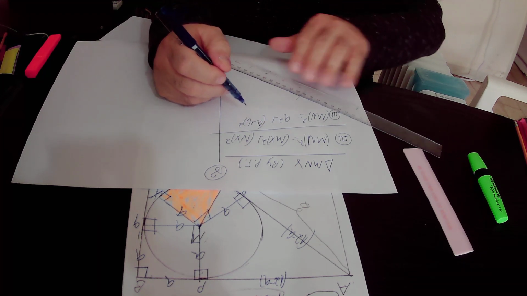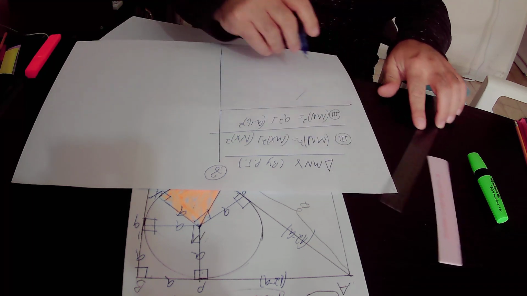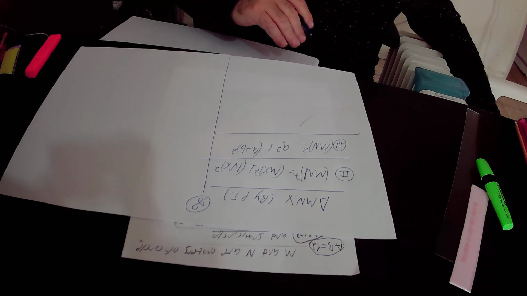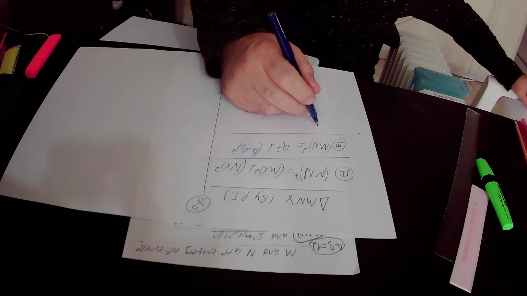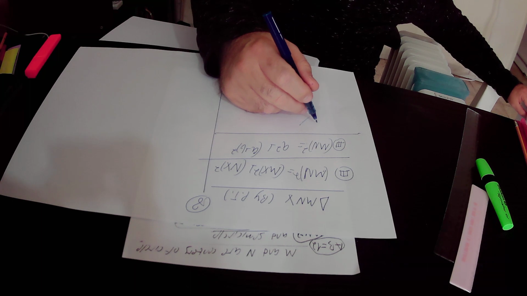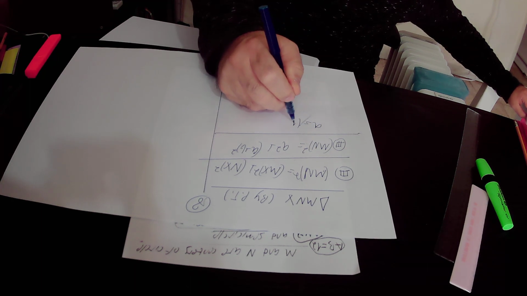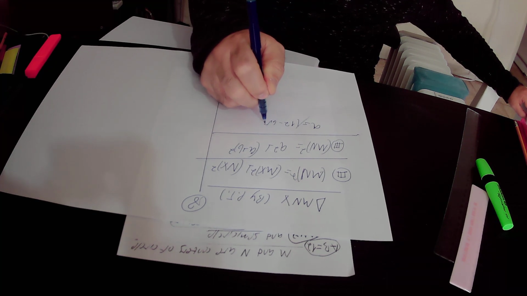We have already found out the values of A and B, so I write them down. We have already found out that A equals 12 minus 6 times square root of 2.